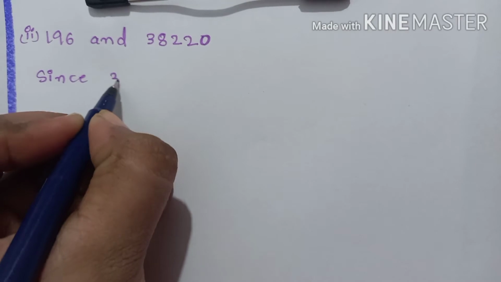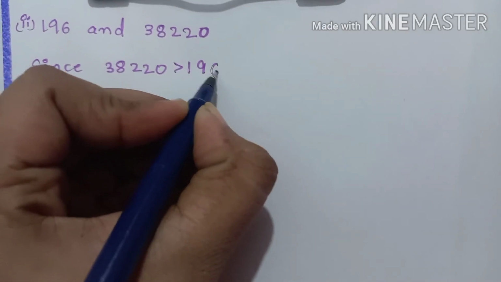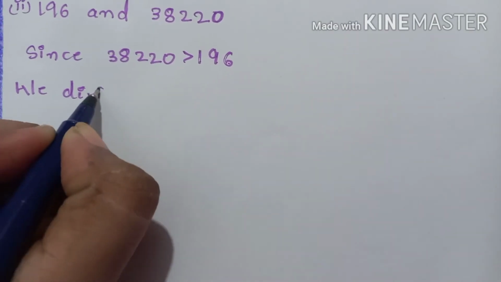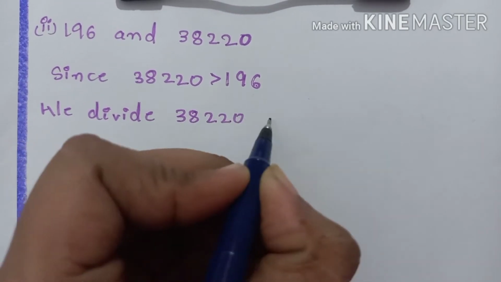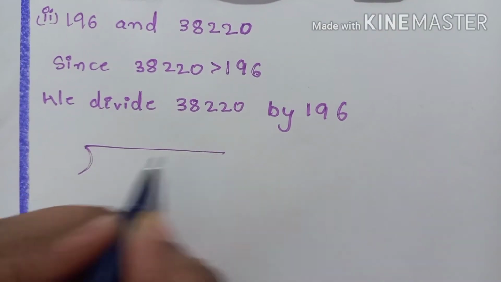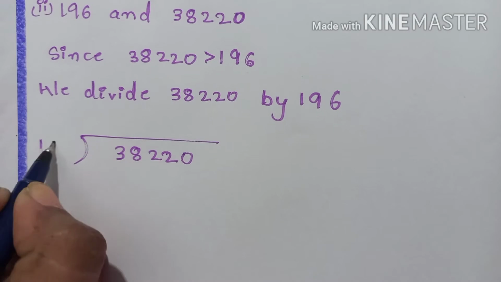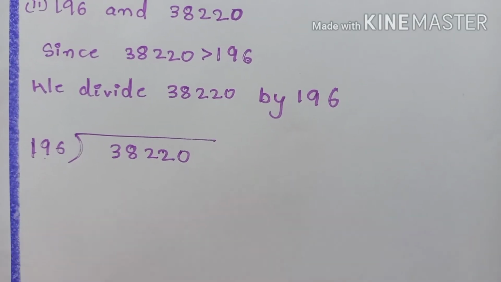Since 38,220 is greater than 196, we divide 38,220 by 196. 196 is not a factor of 38,220.